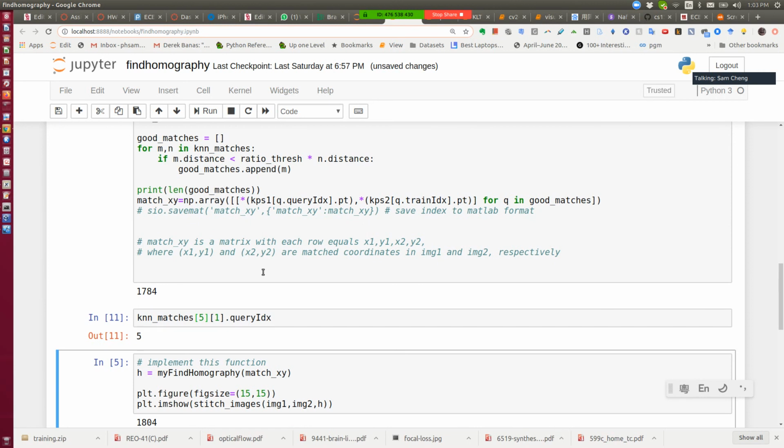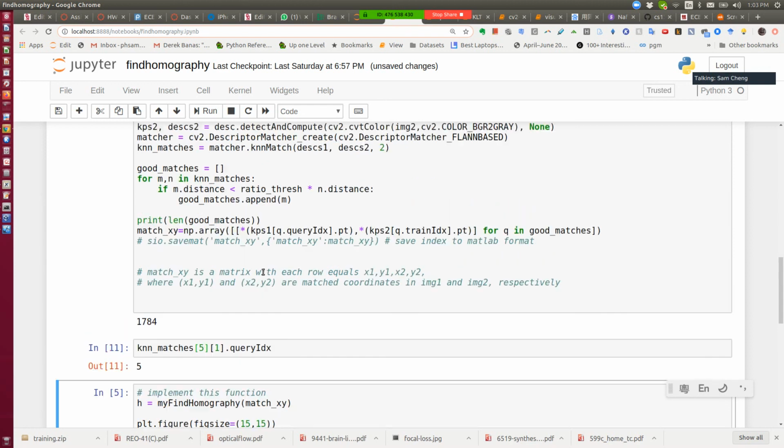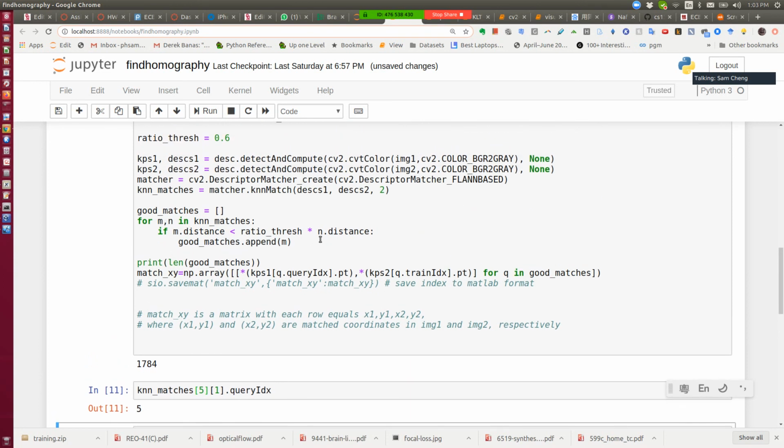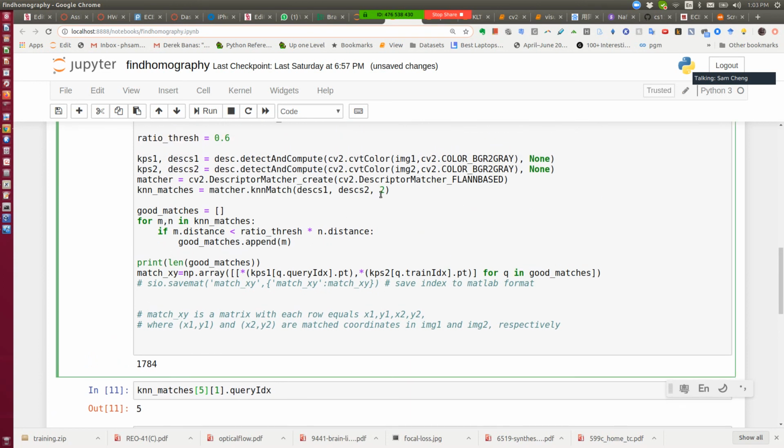The train index is the match in the other image. So for each query index, I try to find the match, and here with input 2, it gives the best 2 matches. It only gives the best 2 matches.